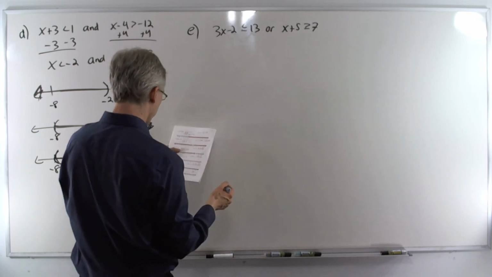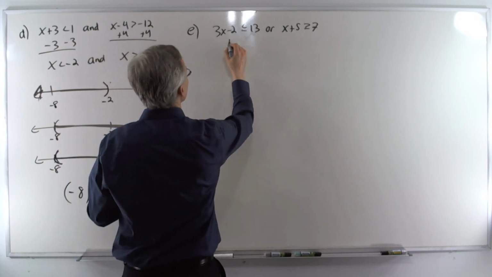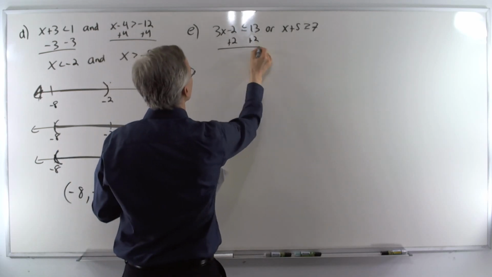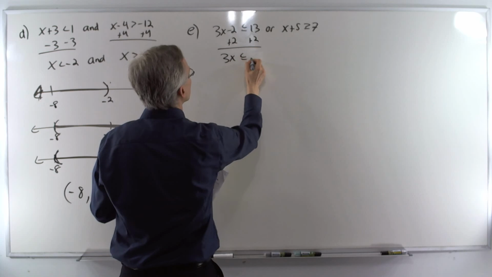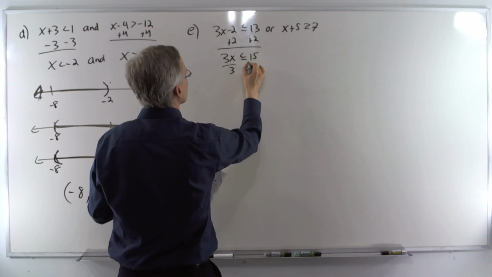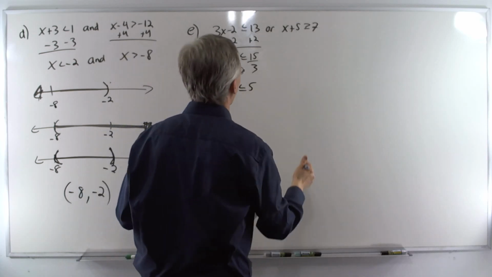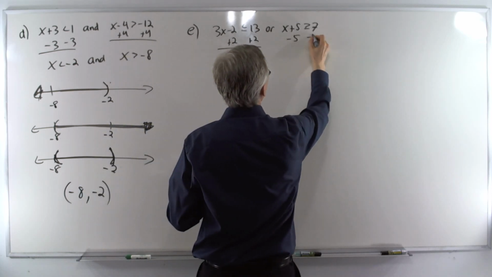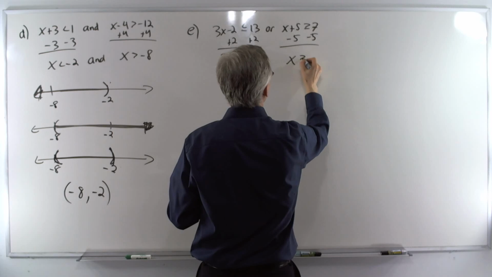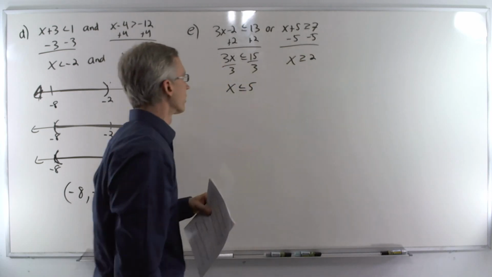Oh, they were slightly different in part C. I'll go ahead and solve them. So we got x less than or equal to 5. Or x greater than or equal to 2.